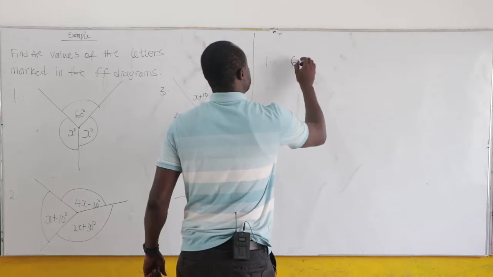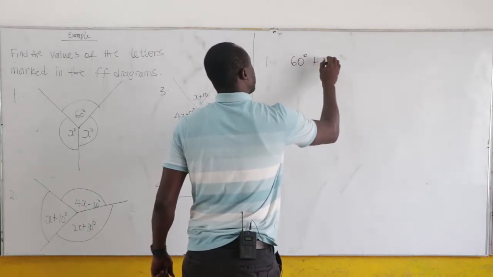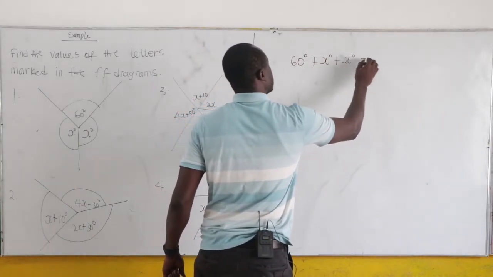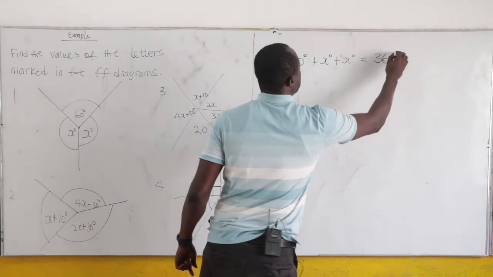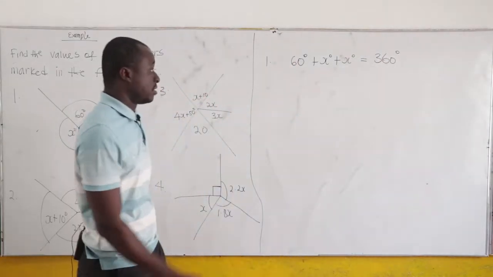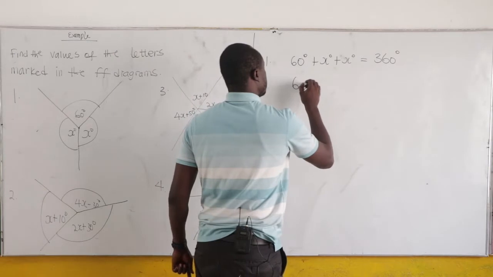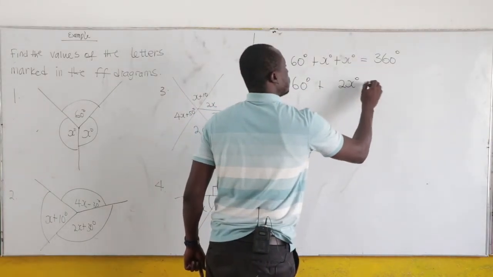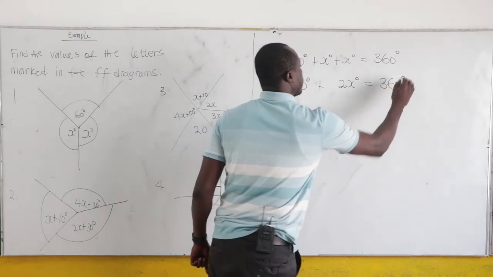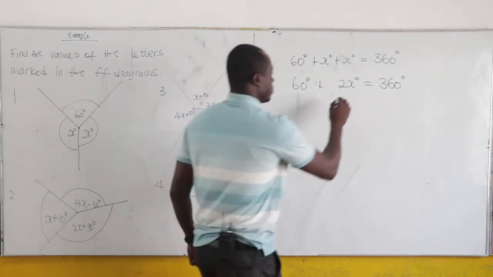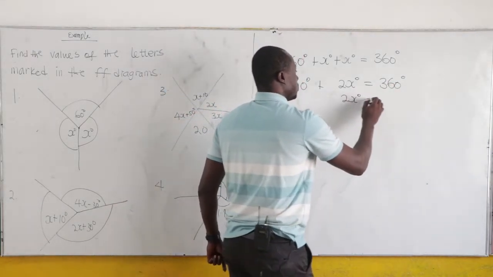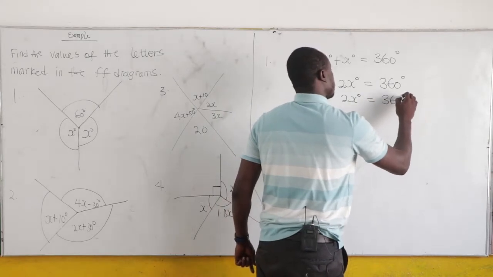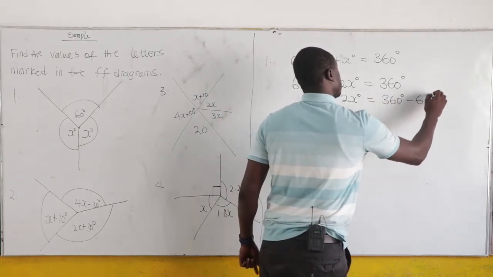So we have 60 degrees plus x degrees plus x degrees equal to 360 degrees. Now we have 60 degrees, x plus x degrees, that is 2x degrees, equal to 360 degrees. So we have 2x degrees equal to 360 degrees minus 60 degrees.